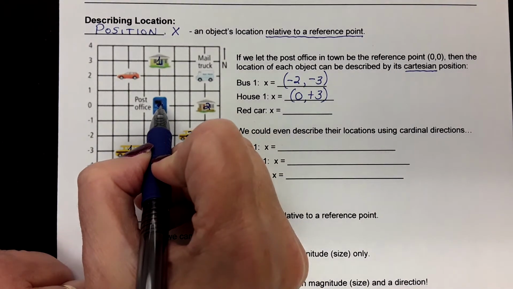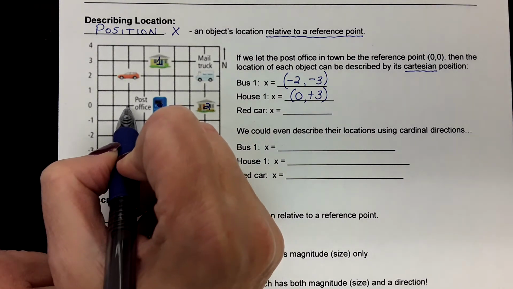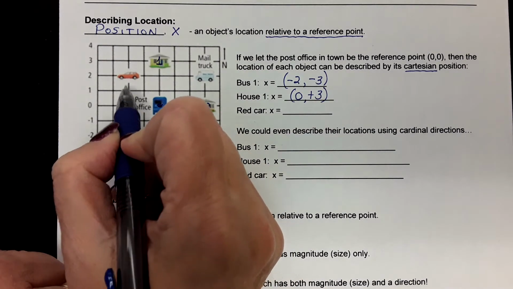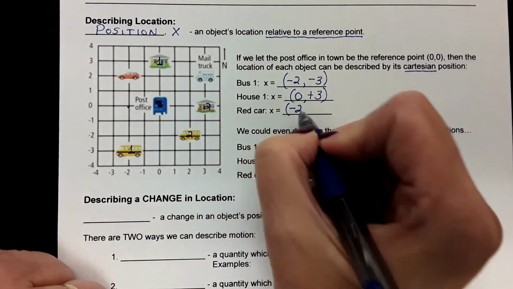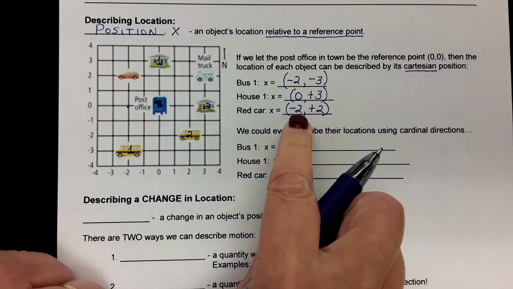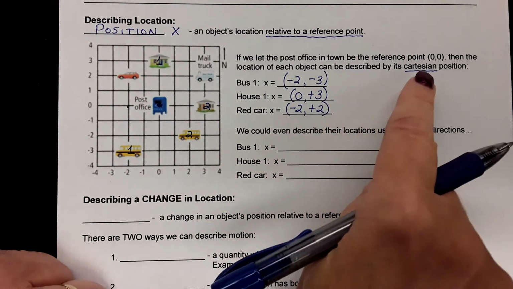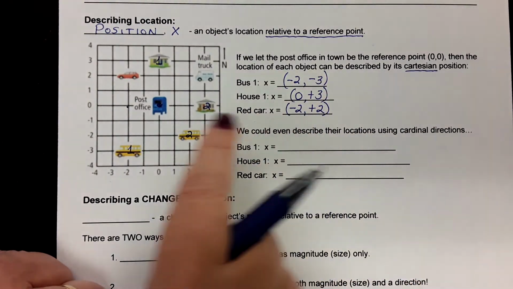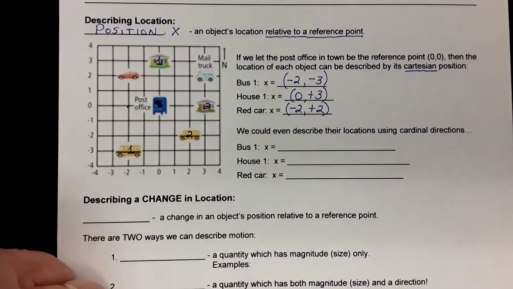From the post office, we're going to go 2 in the negative X direction, and 2 in the positive Y direction. So we're going to say -2 and +2. -2X, +2Y. Okay? So we can use Cartesian coordinates to locate objects relative to a reference point. In this case, the reference point being the post office located at the origin.